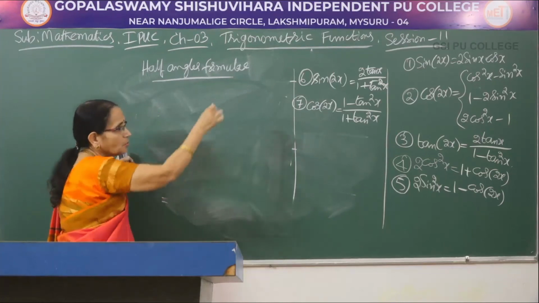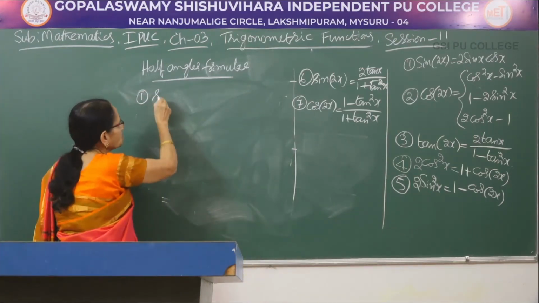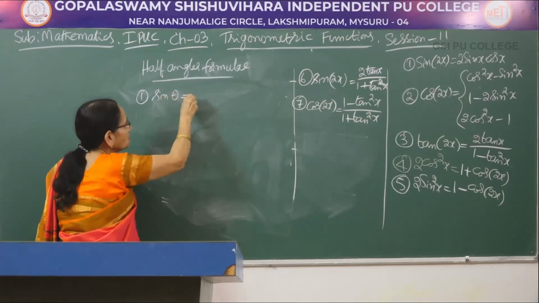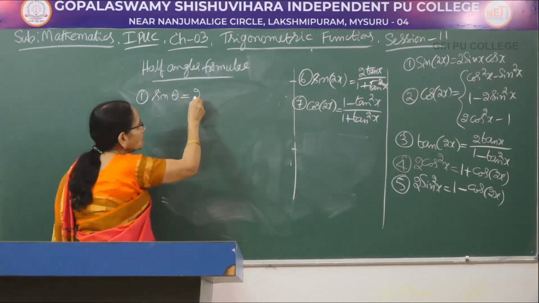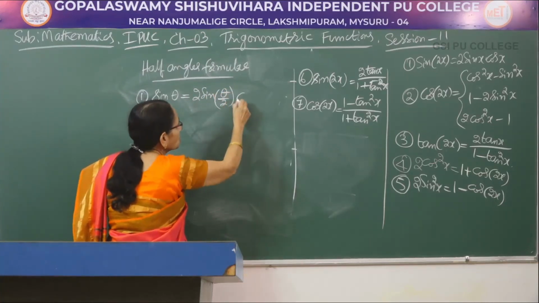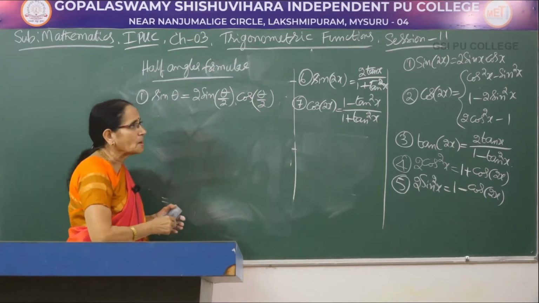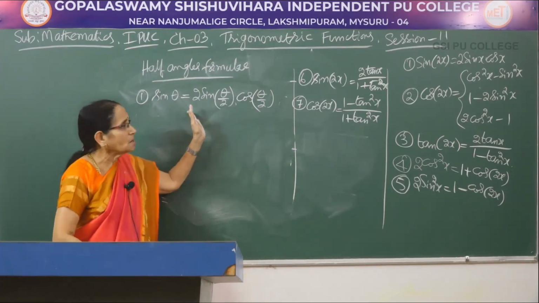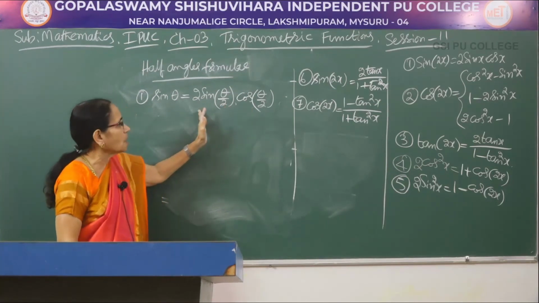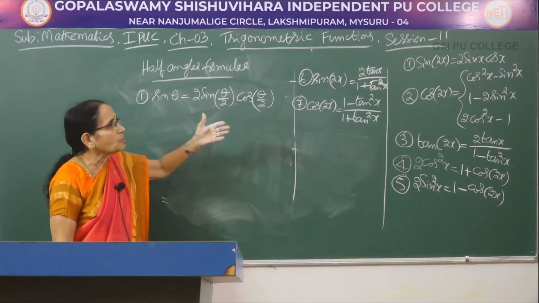So, one by one, in the same order I am considering. First one, sin 2x, how do you write that one? Sin theta. Therefore, right hand side is 2 sin theta by 2 into cos of theta by 2. Okay. I could have used the same x here. Just to avoid confusion, I am using another letter, theta. Okay, it is a Greek alphabet, you are already familiar.